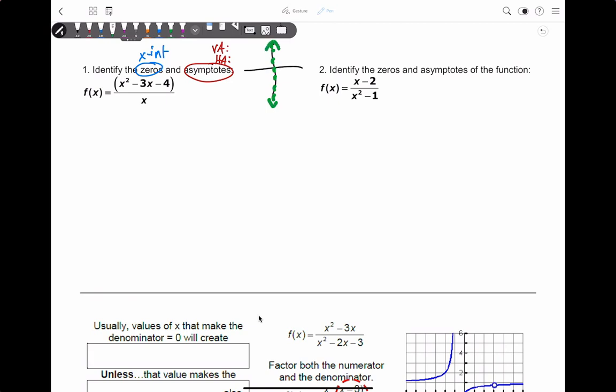And then they also have a horizontal asymptote that's by default the x-axis. What we're trying to do is identify it from this given equation here. And this is how we do it. This is a pure rational expression. It is a function because it's f of x. So we're going to call this a pure rational.